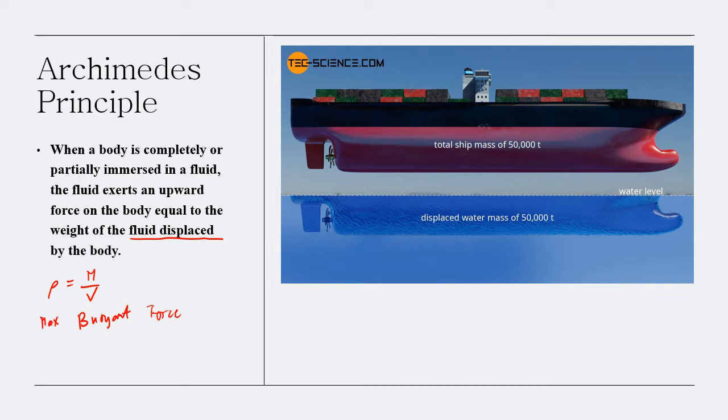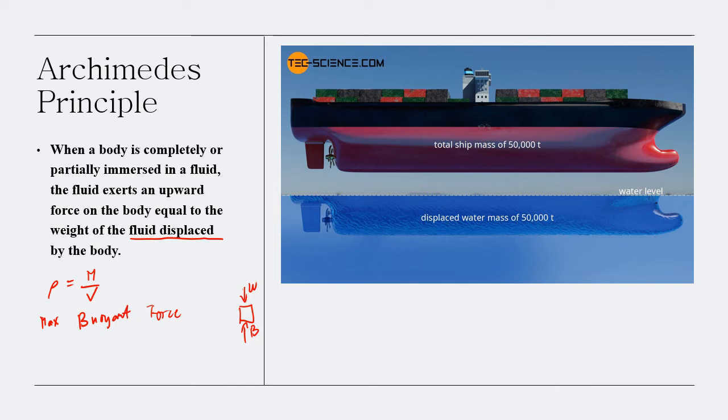And this maximum buoyant force is when the object is fully submerged, so that the volume of fluid displaced is equal to the volume of the object. Okay? So if the max buoyant force is less than the weight of the object, so this is the object, you have the weight that is downward and the buoyant force that is upward, right?